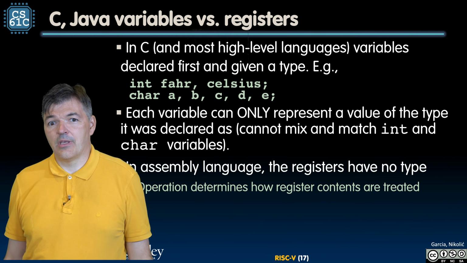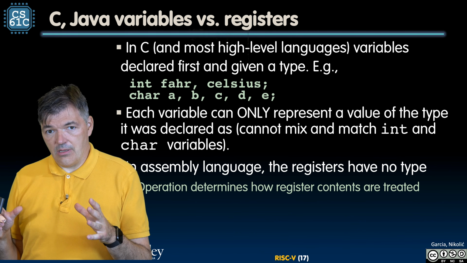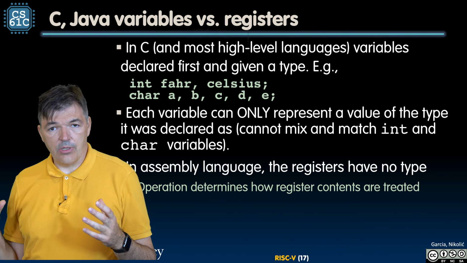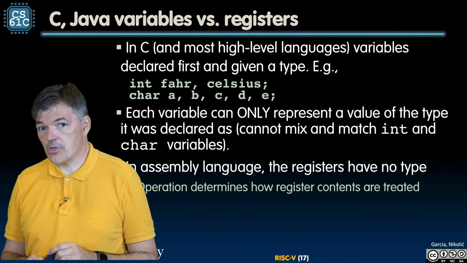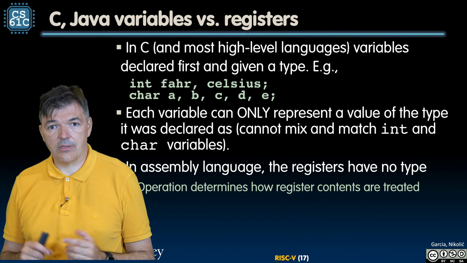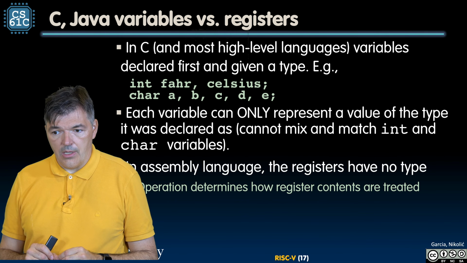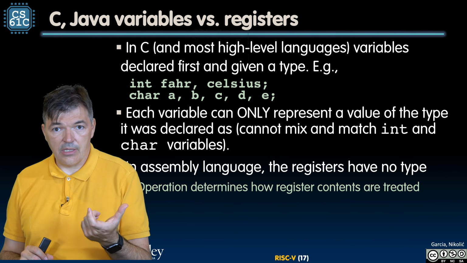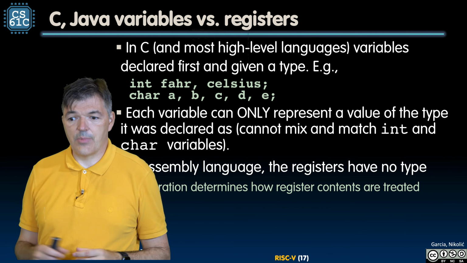More importantly, in C, we need to know how much memory is going to be taken by a particular data structure, and that very much depends on the data type. So each variable can only represent that data type, otherwise we would have all kinds of memory errors.